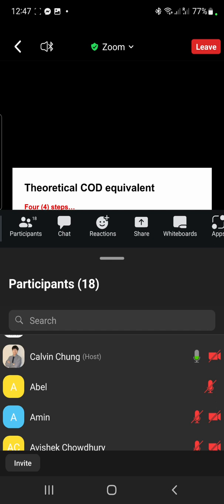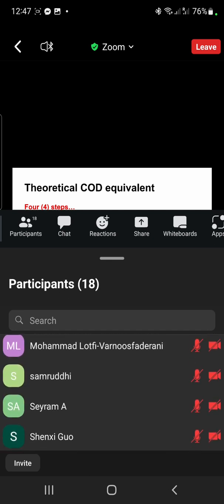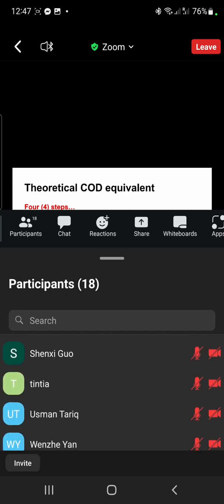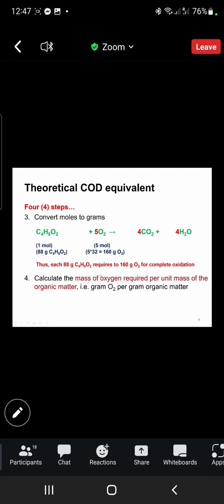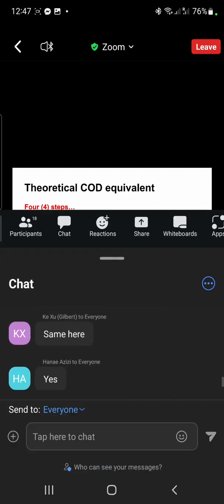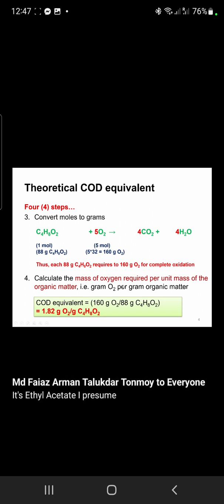If you do all the balancing and take the mass ratio, it turns out you need about 160 grams of oxygen per 88 grams of acetic acid to completely oxidize it to CO2. And once you get that mass ratio, we call it the COD equivalent.